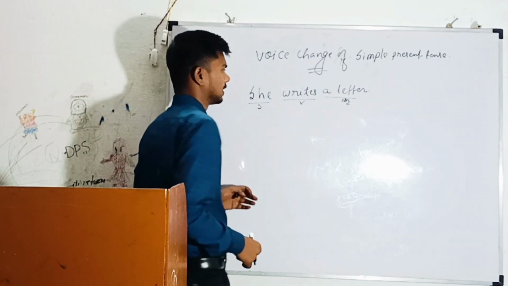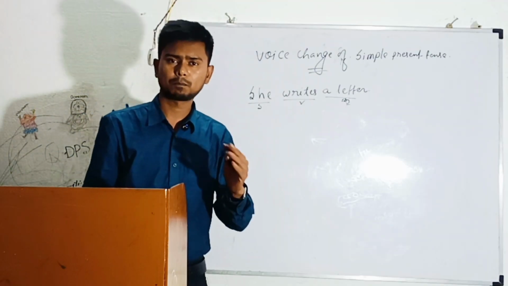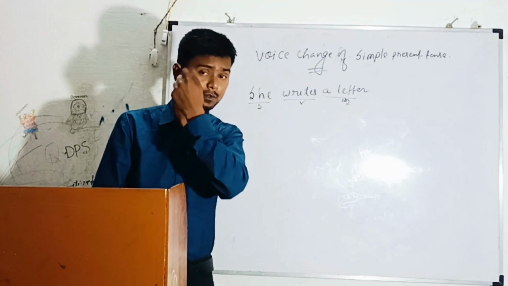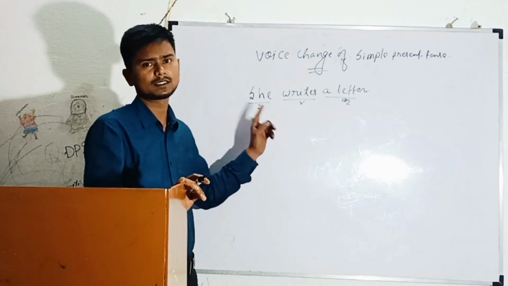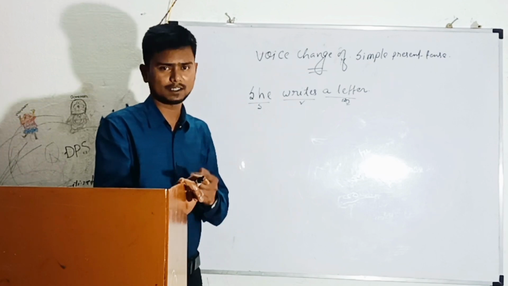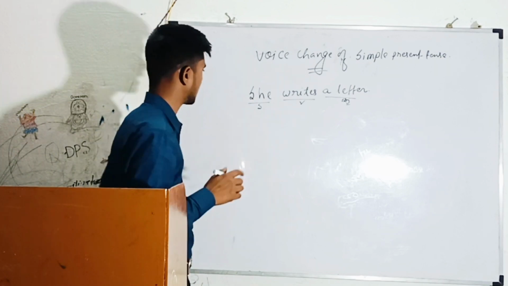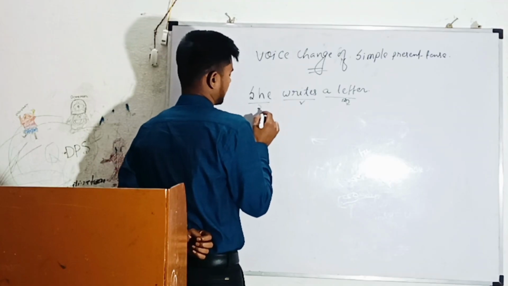Clear? Now, the question is whether it is active or passive, and how will you identify this? Very simple. When in a sentence the subject does the work, it is called an active sentence. Here the subject is she.